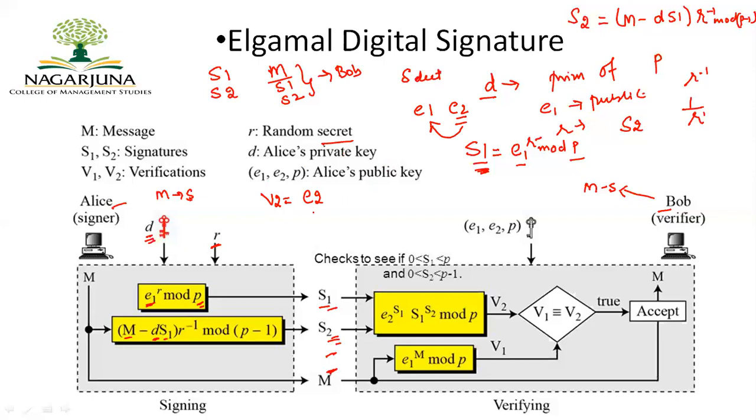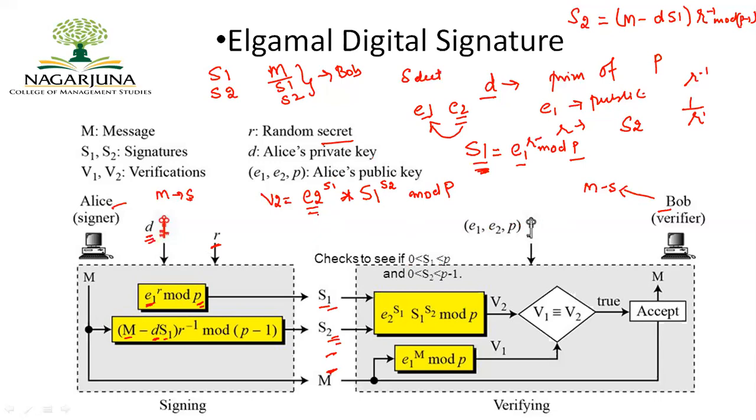Now we have E2. E2 to the power of S1 is multiplied with the first signature, that is S1, to the power of the second signature, that is S2, and you perform a mod operation with your prime number. Your E2 is the public key which is generated from your E1, and this public key is available to both Alice as well as Bob because it's public.